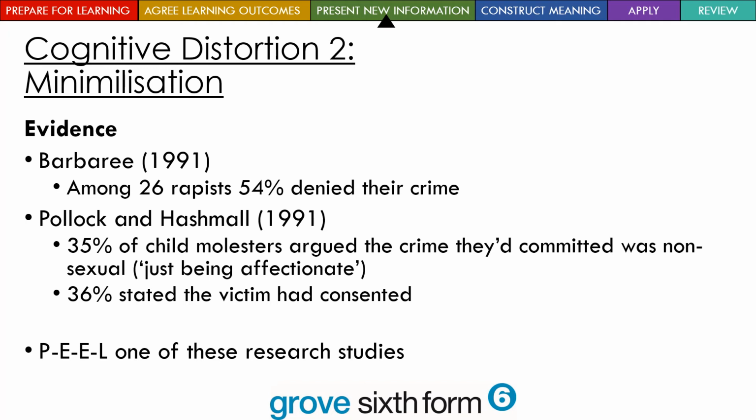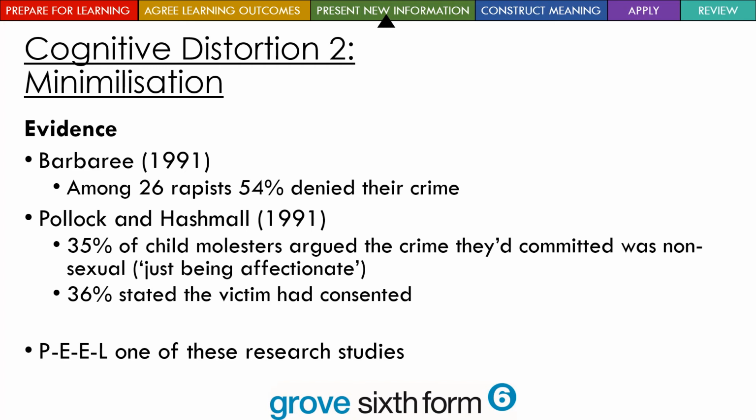Pollock and Hashmole looked at child molesters, and again at the way that they described their crime and the way that they had processed information about the activity they'd engaged with. They found that 35% of those individuals argued that the crime they'd committed was non-sexual, and they used terms such as just being affectionate.